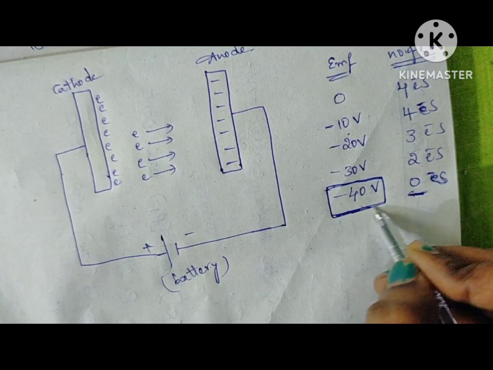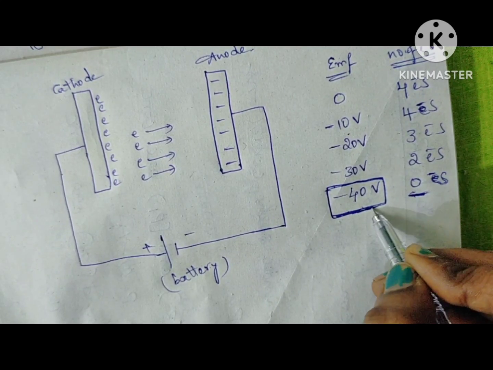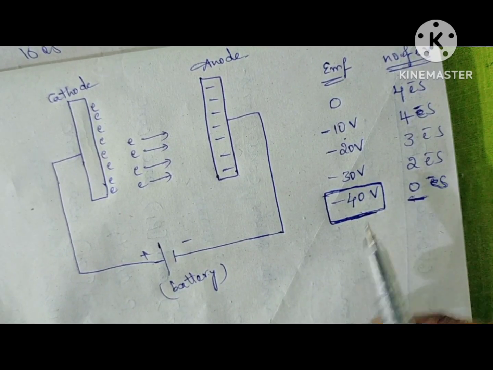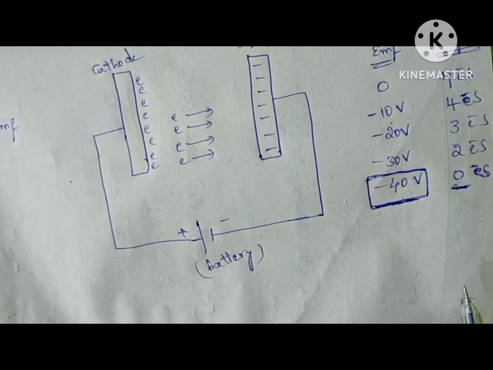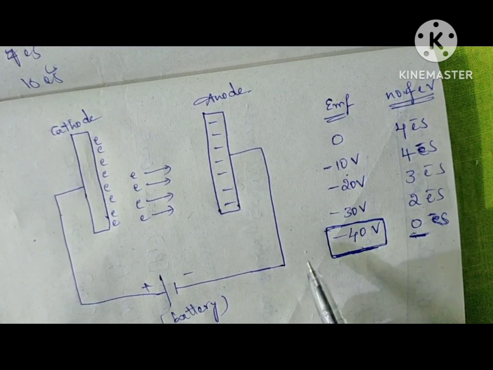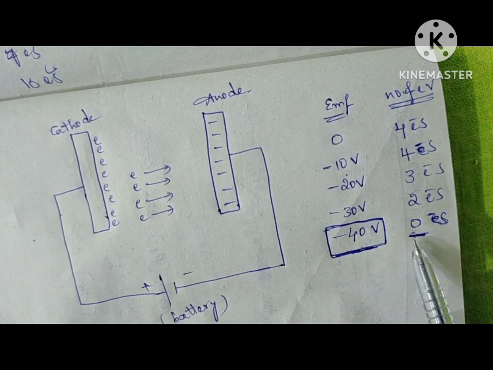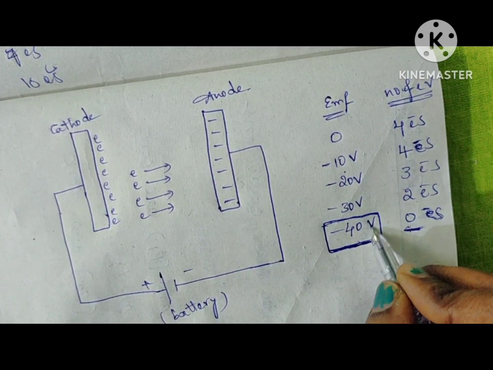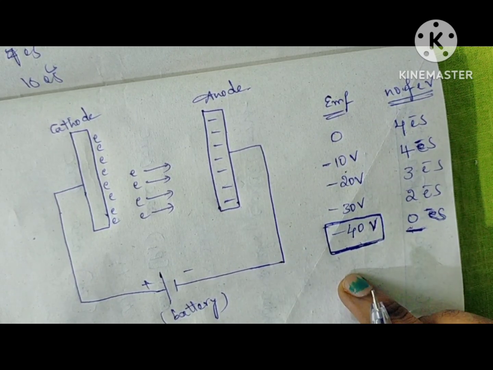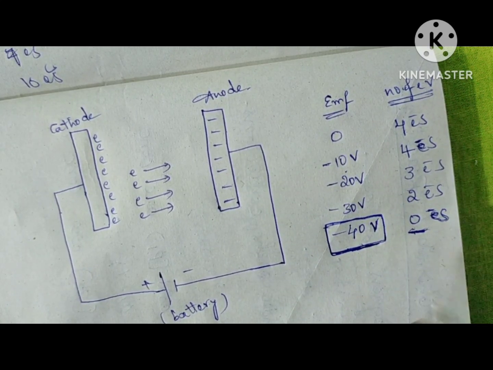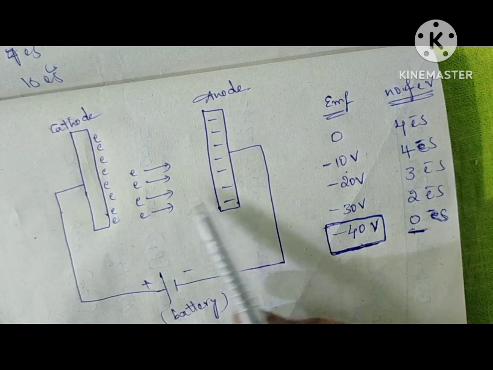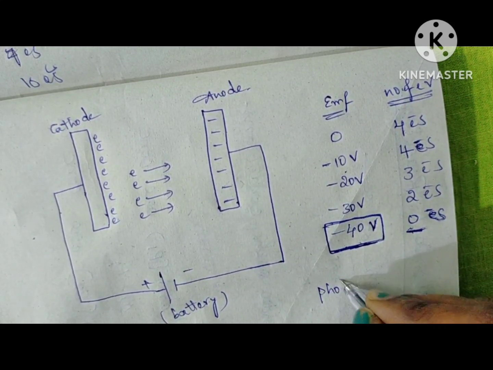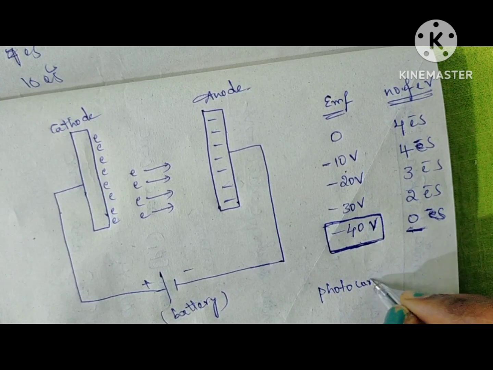Let me say one more time, at this value of minus 40 volts, no current flows between the cathode and anode. So here photocurrent value is 0.